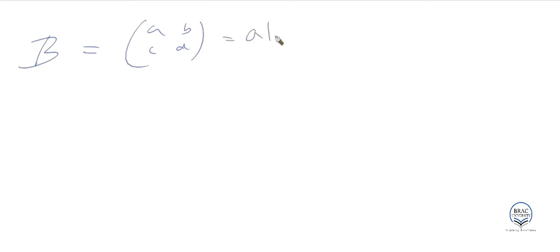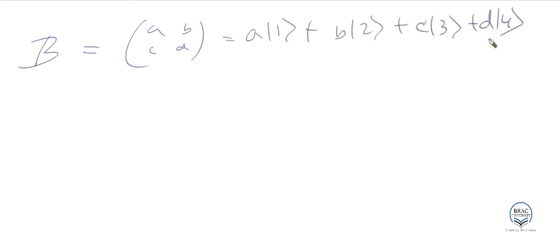Similarly, you can even prove that, let's say I have some matrix B, which is like A, B, C, D. I'm considering a 2 cross 2 case, but you can always take n cross n cases, and this was written as A|1⟩, B|2⟩, C|3⟩, D|4⟩, right?